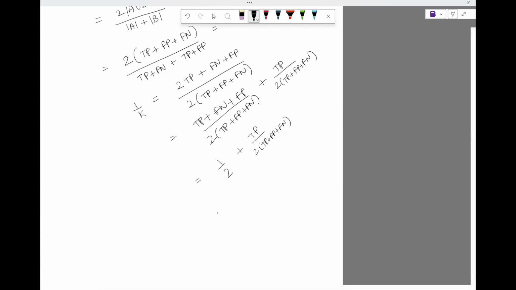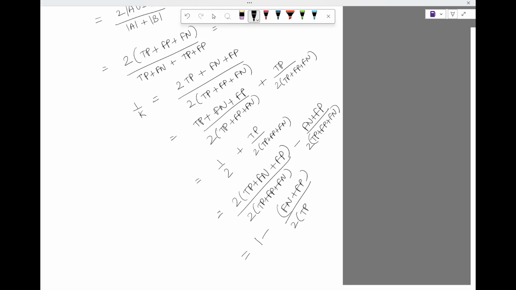Okay, this can be written as 1 minus FN plus FP upon 2 TP plus FN plus FP.